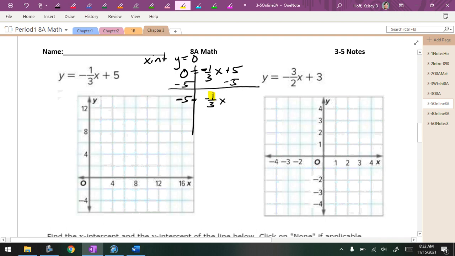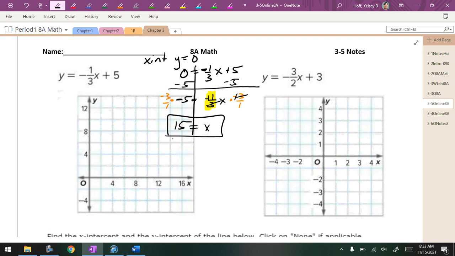I have a fraction coefficient. This is where I multiply by the reciprocal. So I'm going to multiply by negative 3/1. Negative 3 times negative 5. Positive or negative? Positive 15. So my x-intercept is at 15.